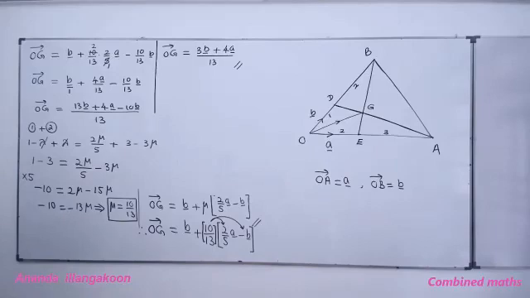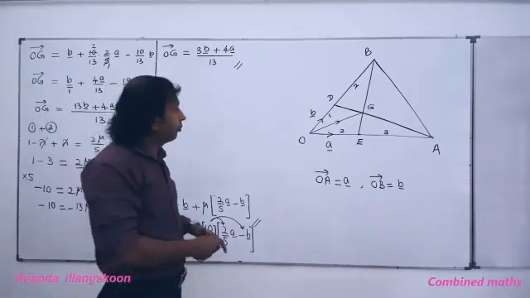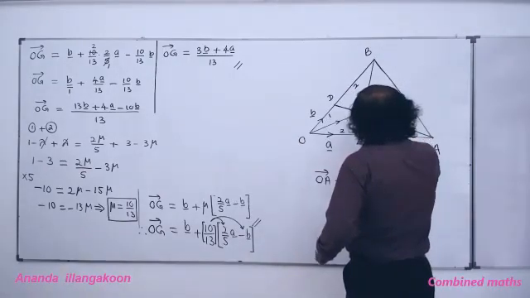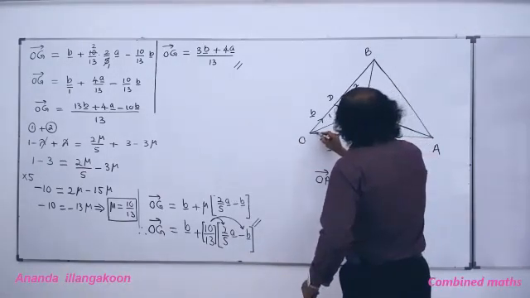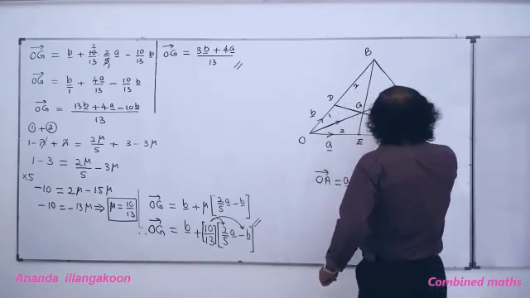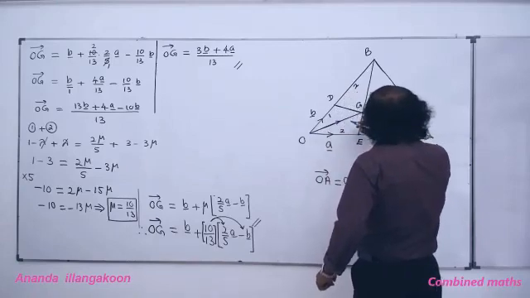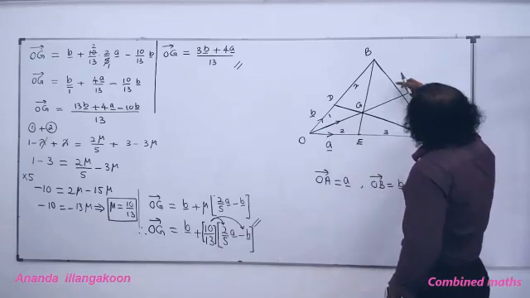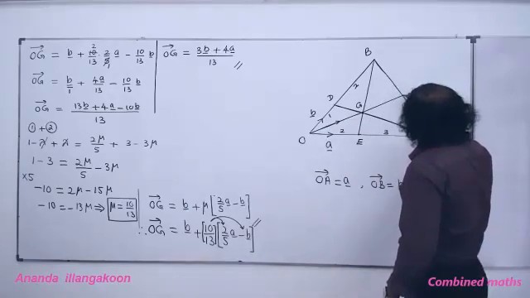You are given that the line OG produced meets AB at D dash. The line is produced. When OG is produced, that cuts the side AB at D dash.